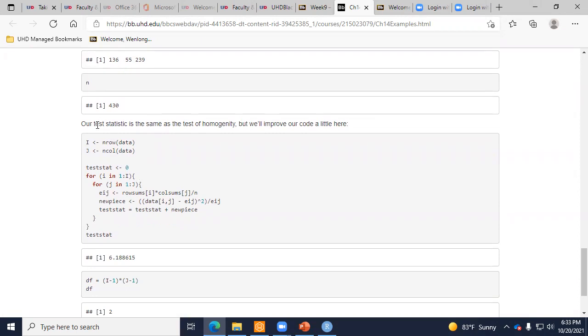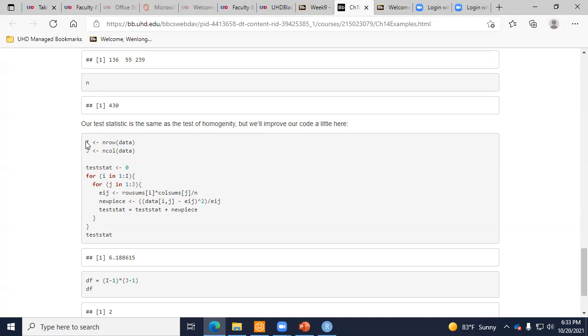Again, the test statistic is calculated the same way, but let's formally write the code. That means you do not hard code the capital I and capital J, but count by n row and n column.